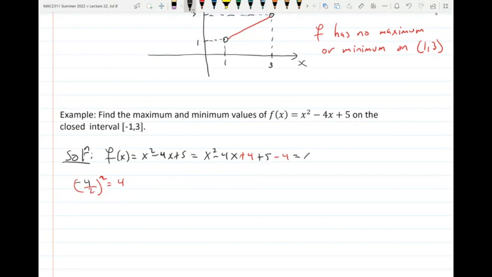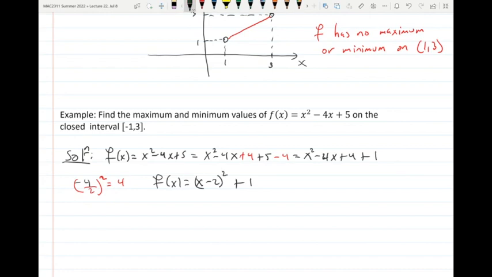So that becomes x squared, let me write the whole thing, x squared minus 4x plus 4 plus 1. So f of x equals (x minus 2) squared plus 1.